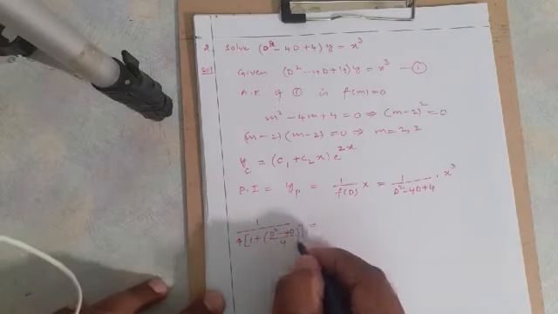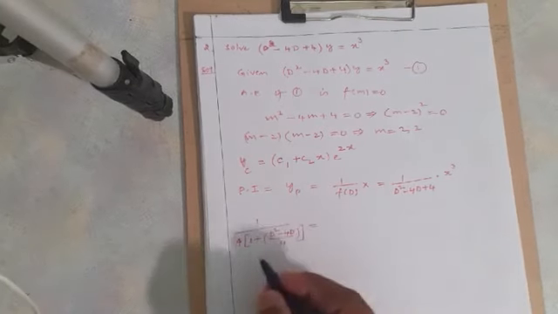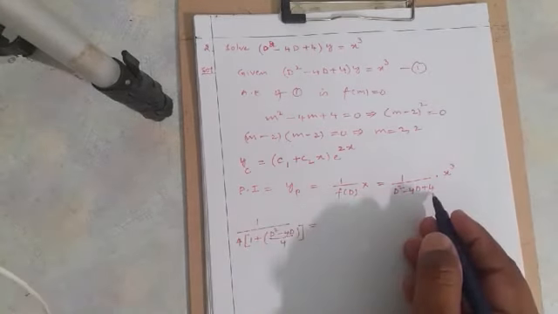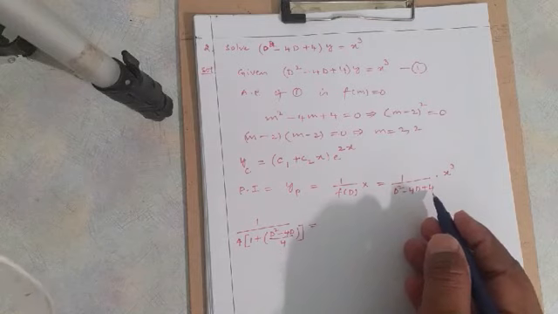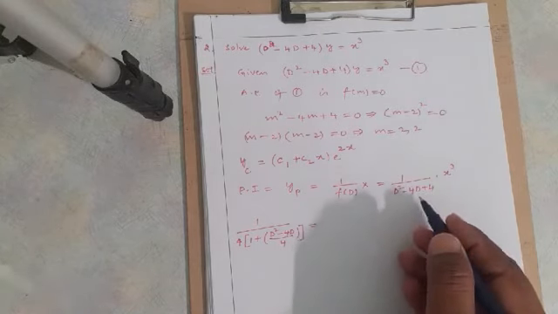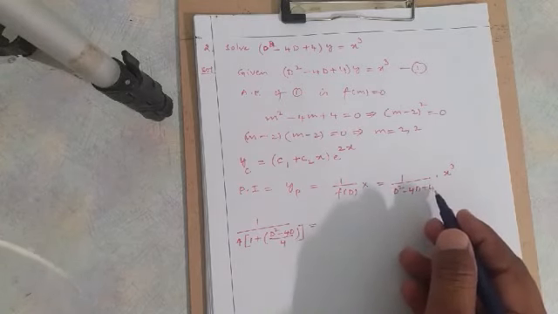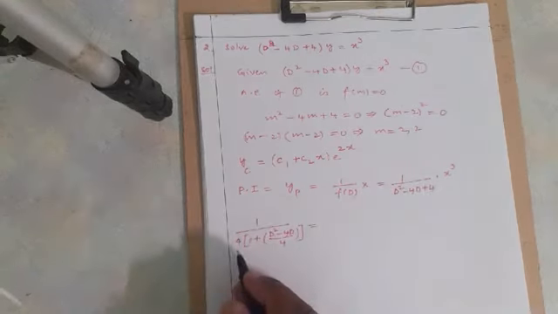Either you take a minus b whole square, that is D minus 2 whole square, or you can take the least term as we have done in the previous problem. I don't want to confuse here. When you are finding the particular integral, in f of D we have to take the least term as common, so we have taken the least term common.